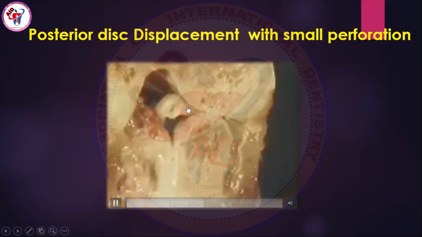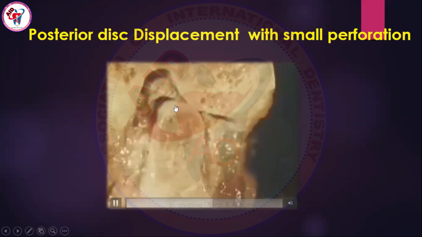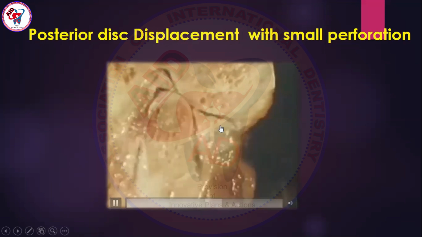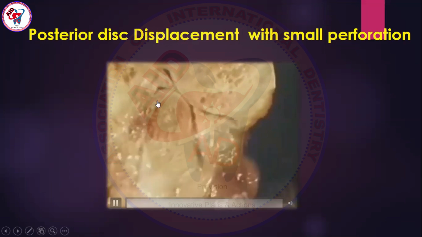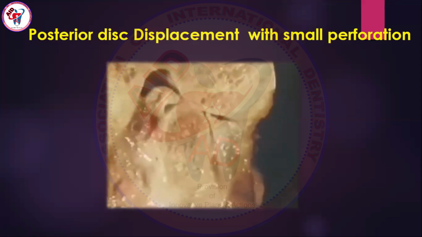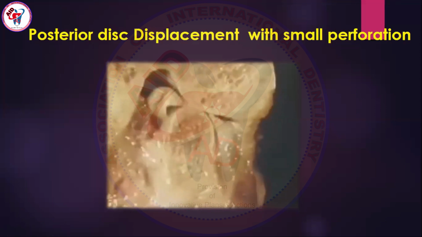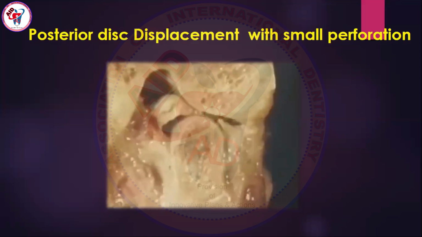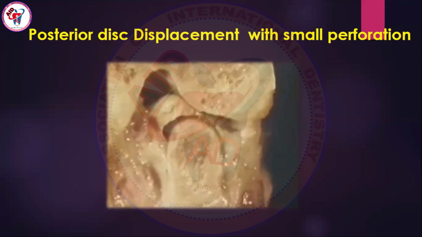Here there is no disc, although the look of the disc is there, but when you open it and see on the lateral deflection, try to deflect it and see what is the condition of the disc. If you open it like this, you will see what is there.